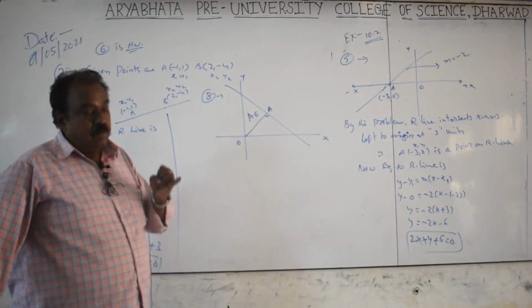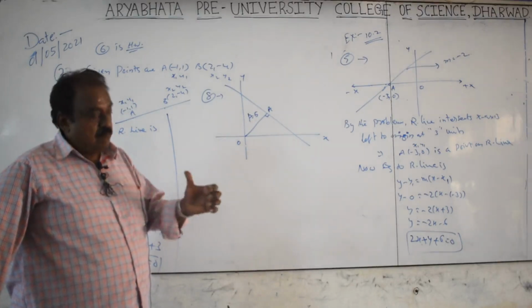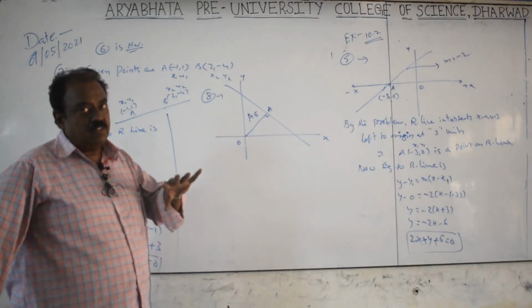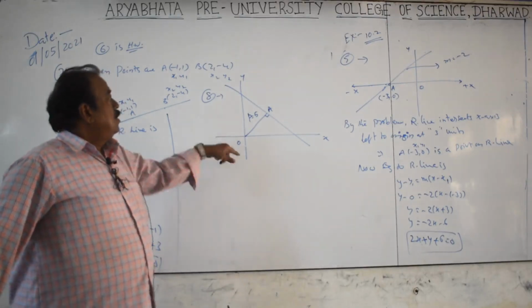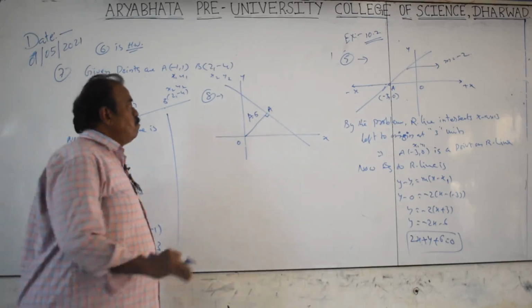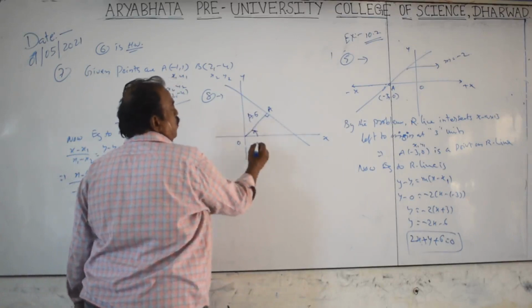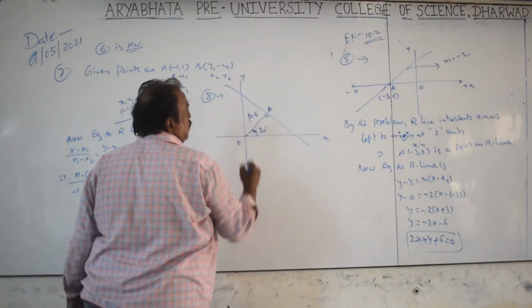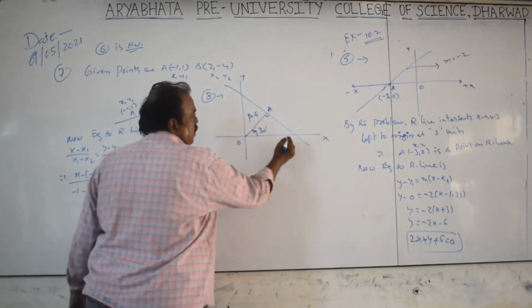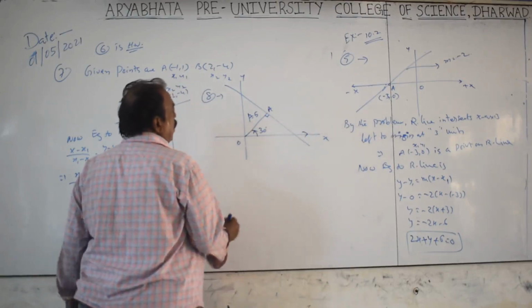Slope intercept form, point slope form, 2 point form, intercept form, normal form, fifth one, and the general form is the last. The length of the perpendicular drawn from the origin to the given line is P. That is 5 units. And that normal, that perpendicular makes 30 degrees with the positive x-axis. This is the positive x-axis. Okay, now?